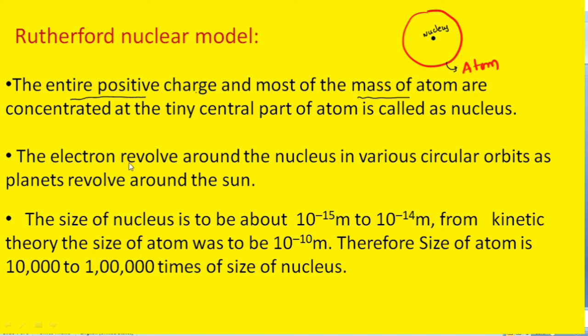And next, electrons revolve around the nucleus in circular orbits as planets revolve around the sun. How planets revolve around the sun, like that electrons revolve. This point we know already.